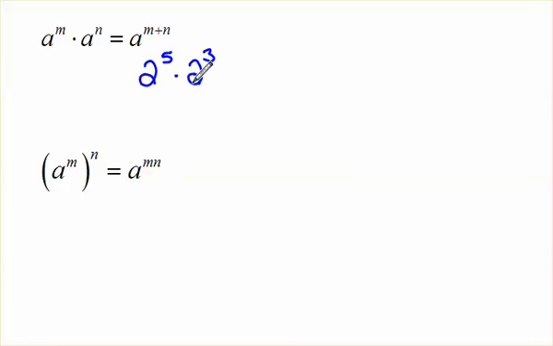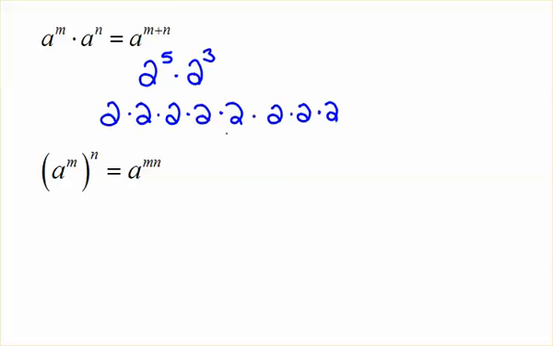Well, let's just think about what that means. 2 to the fifth means 2 times 2 times 2 times 2 times 2, written out 5 times. 2 cubed means 2 times 2 times 2. So if we're multiplying those together, we're really just multiplying a series of 2's together. And how many times are we doing that? 1, 2, 3, 4, 5, 6, 7, 8. So 2 to the 8th.